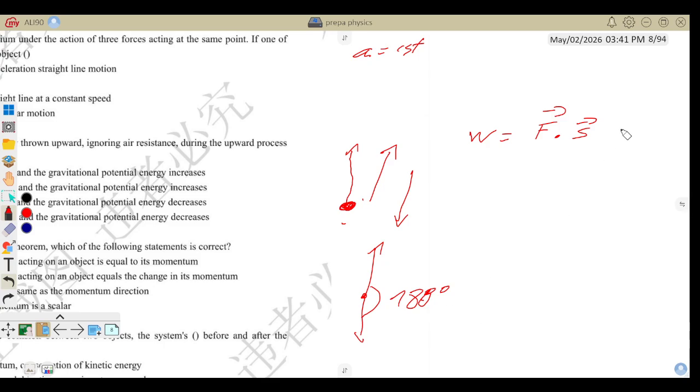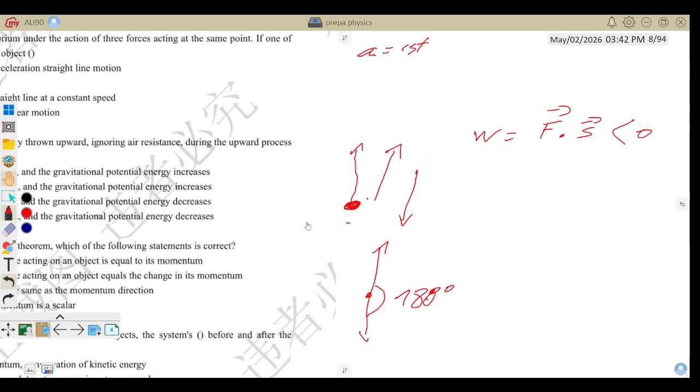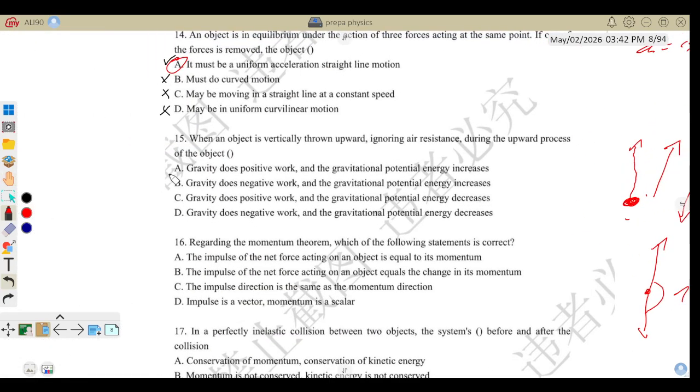That leads us to conclude that gravity is doing negative work. So upward and downward, the angle between the two is 180 degrees, which makes the work a negative quantity here. So let's choose between B and D.